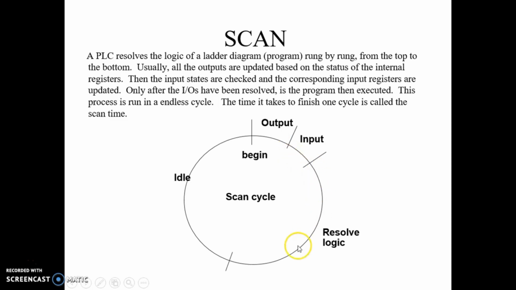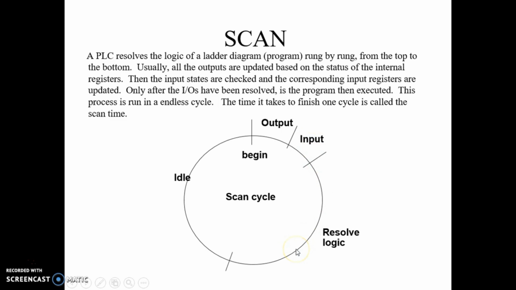Then after it loads program, which is also known as program scan, and as per our need program is written. So it checks the status of the input with the program.